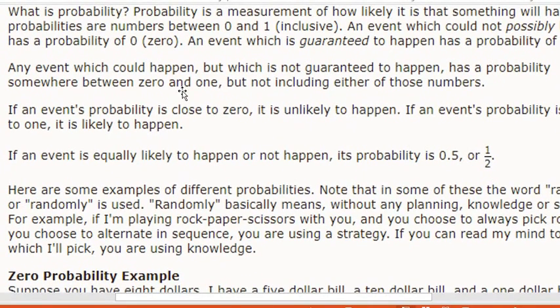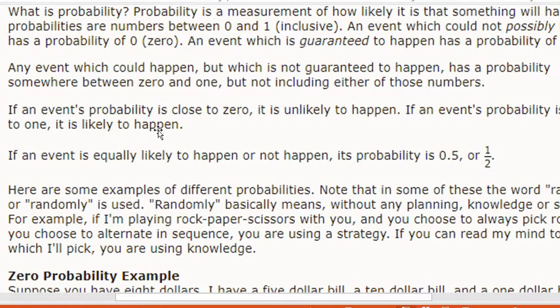An event which could happen but is not guaranteed to happen has a probability somewhere between 0 and 1, a fraction. Maybe or maybe not, so it's between 0 and 1, but not including either of those numbers. It means not 0 or 1.